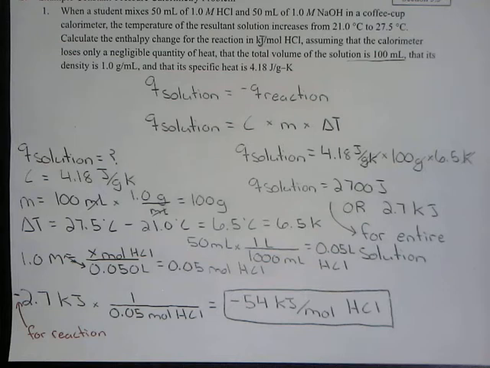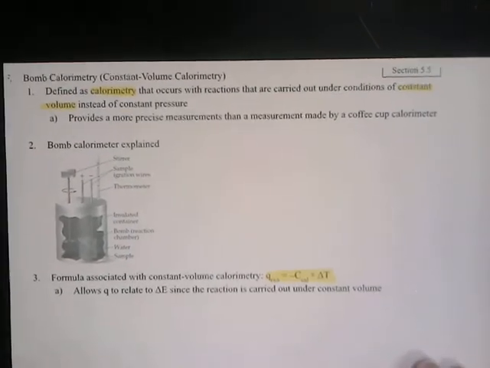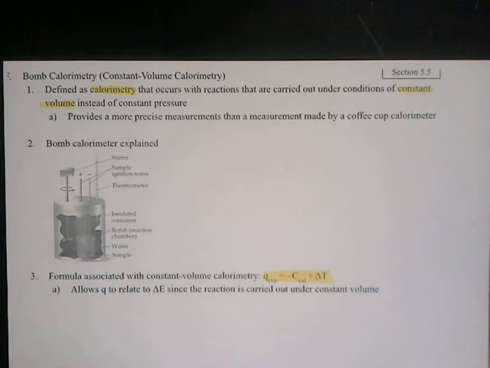All right, so there's one more major concept and problem to go along with this section, and that is known as a bomb calorimeter. So far we've talked about constant pressure calorimetry. This time we're flipping gears and going to constant volume calorimetry.